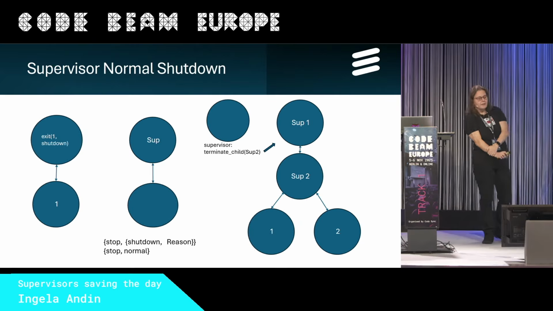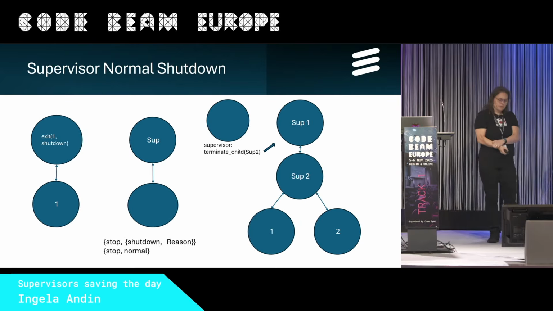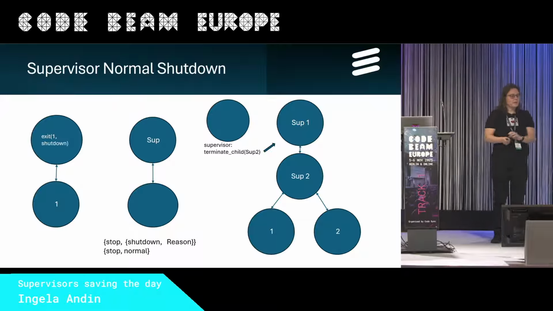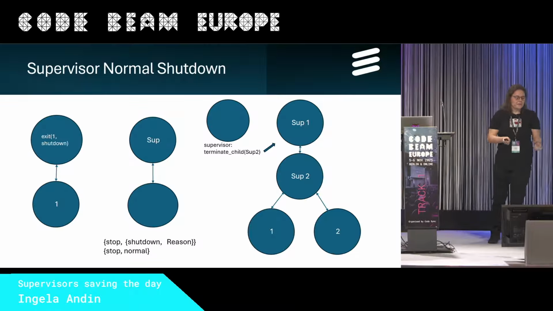So supervisors will terminate their children by doing exit shutdown. Also in your behaviors, you can end your process by returning stop normal, or stop shutdown reason.